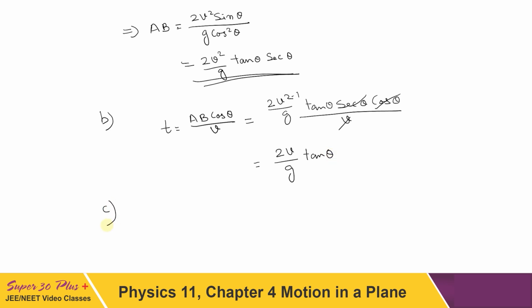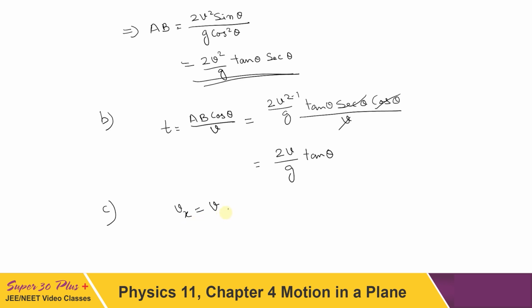The next is velocity of projectile just before it hits the plane. So after time t, we have to write what will be its velocity. Again, it can be written in component form. The x component of velocity, vx, has to be the same as the initial velocity, because in x direction there is no acceleration, which is equal to v.